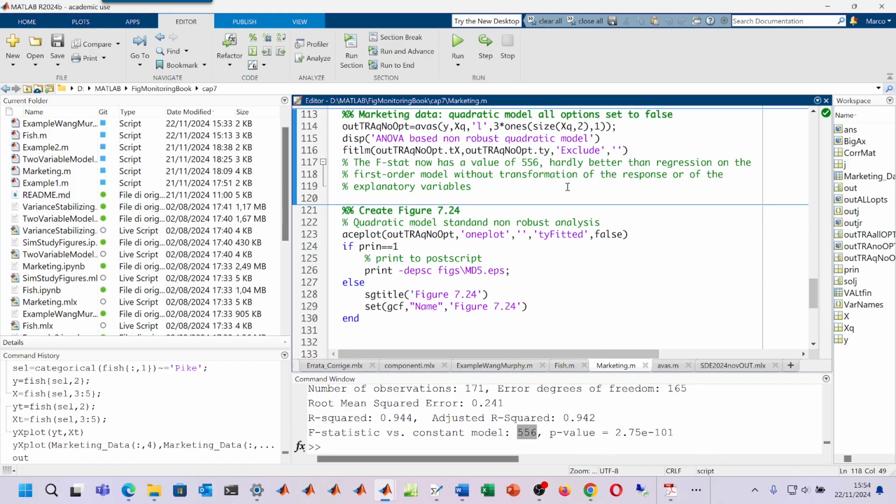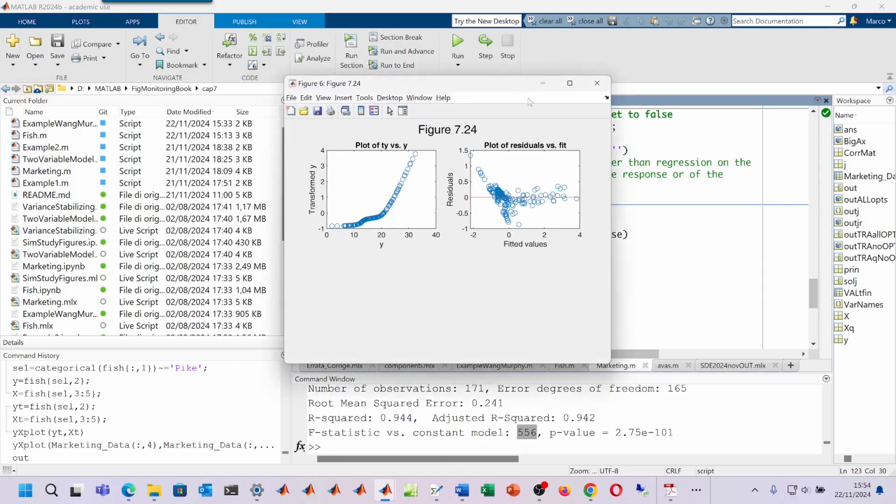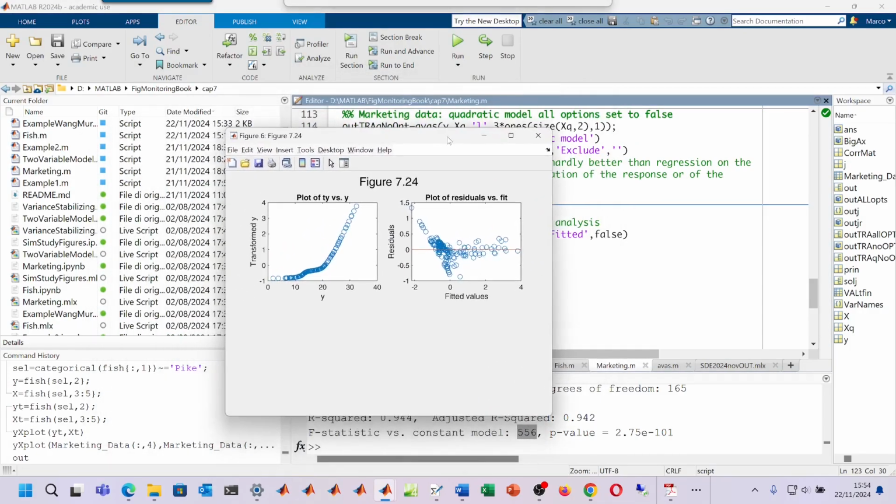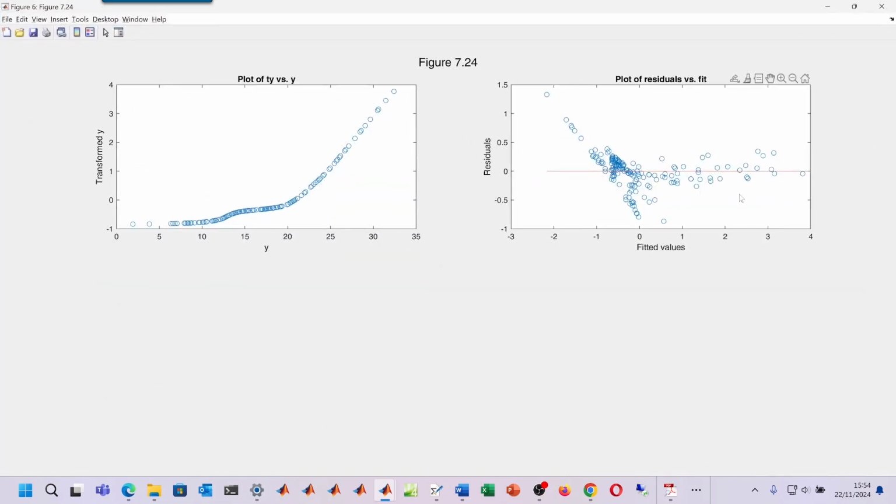So despite having a very complicated model, the gain is negligible. And now if we look at the output from the standard AVAS, the quadratic model, we find very disappointing results, in the sense that the plot of residuals against fitted values reveals a typical strange pattern that we already commented on.